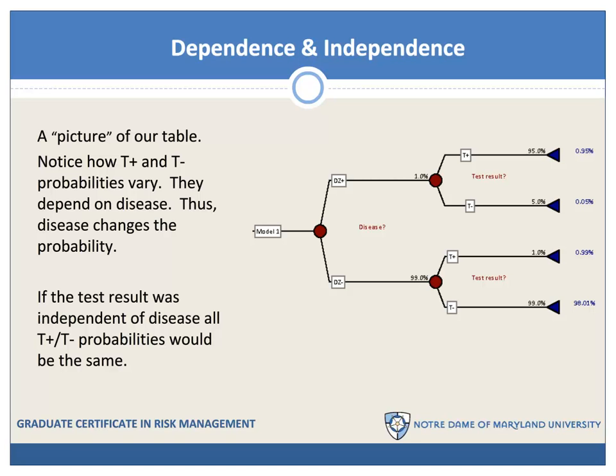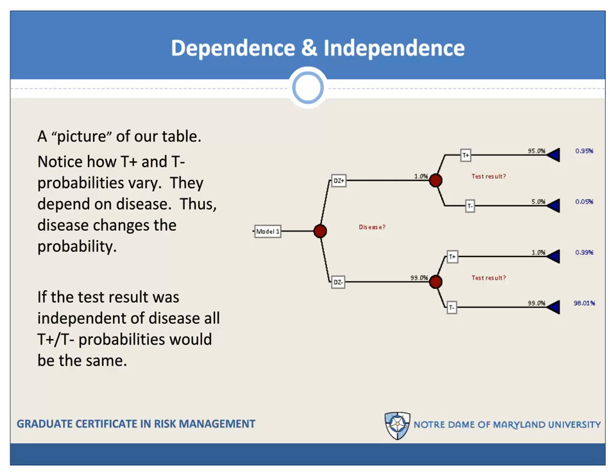Take a look at the probability of testing positive. They vary. On the top branch, it's a 95% chance. On the bottom branch, there's a 1% chance. So the probability of testing positive is not constant. It depends. What does it depend on? It depends on whether the person has the disease or not.